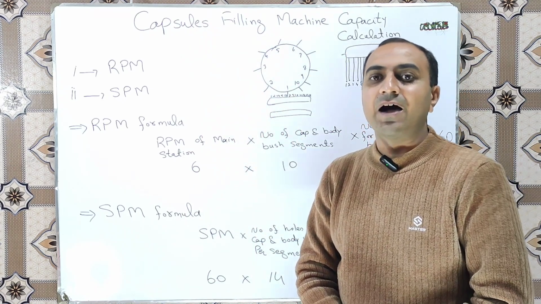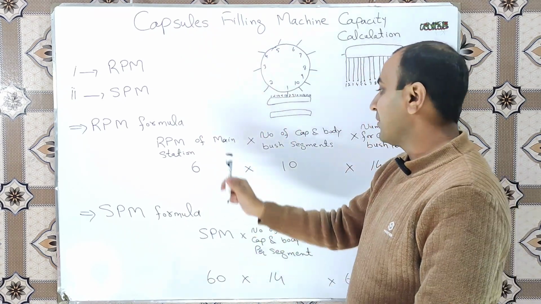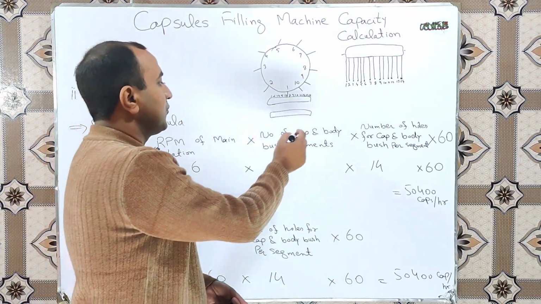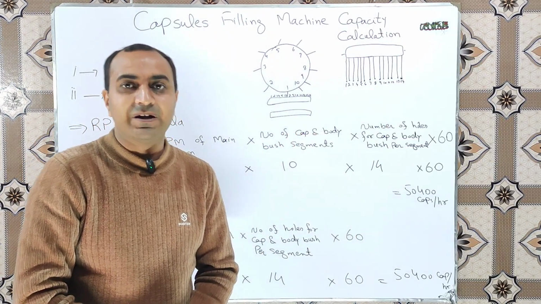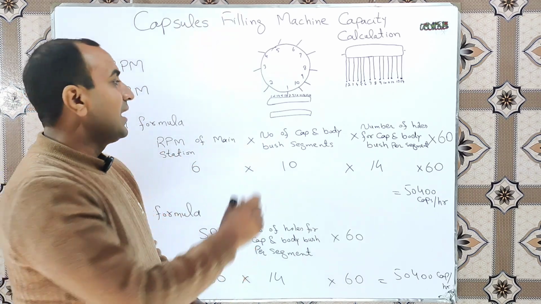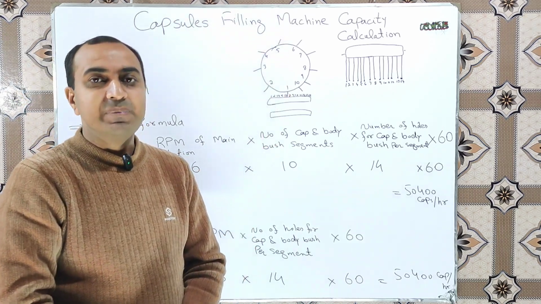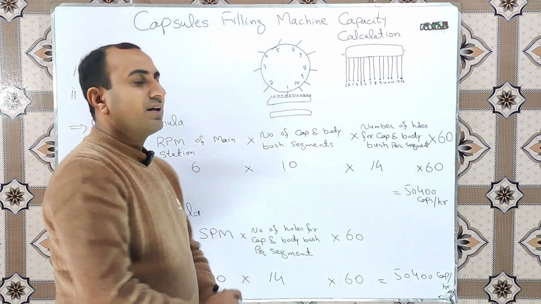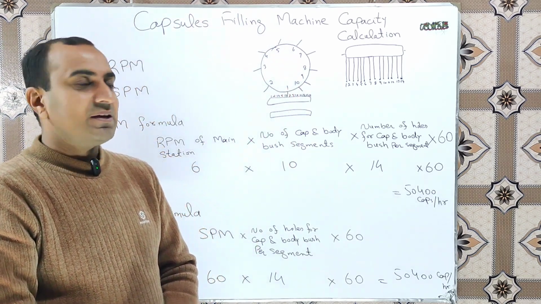In our case our machine is running at the RPM of 6, and another value which we need is the number of cap and body bush segments, meaning how many segments are attached with the main station. So in our case 10 segments are attached with our main station.